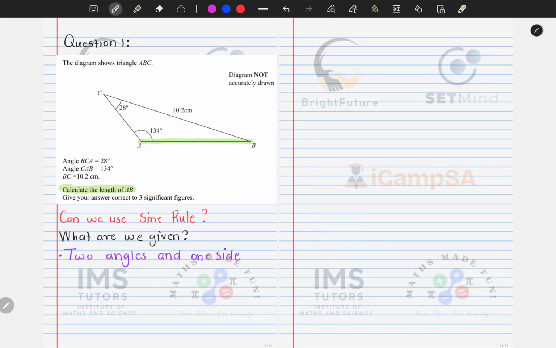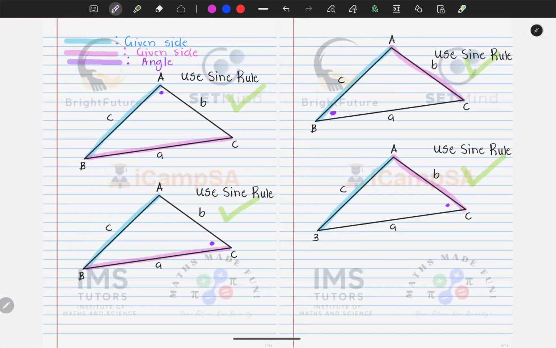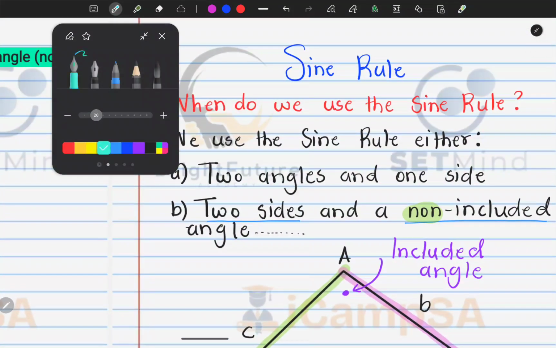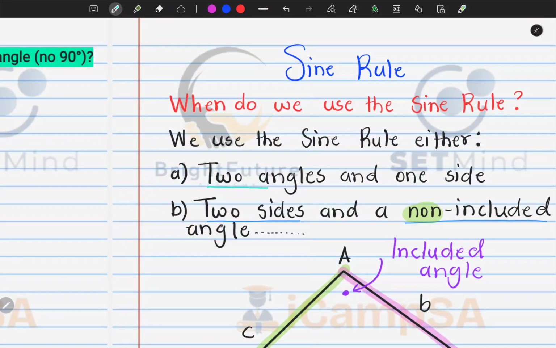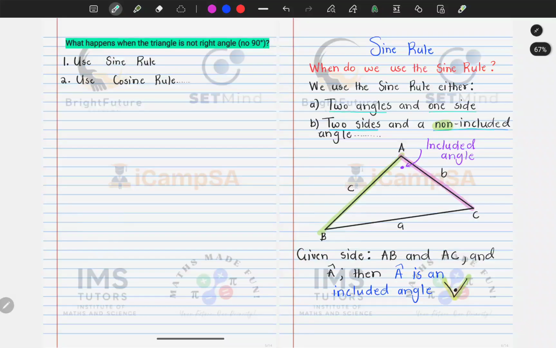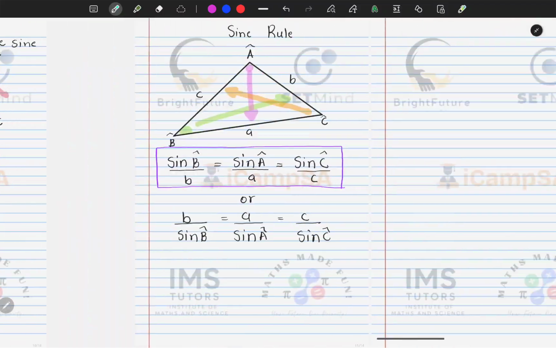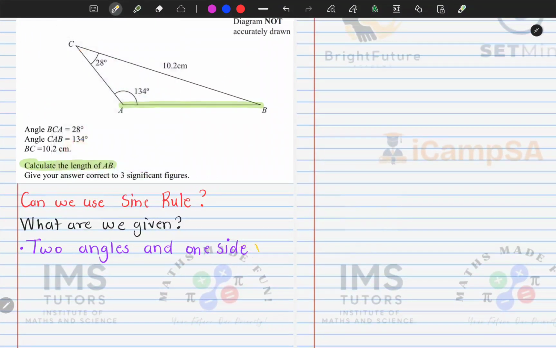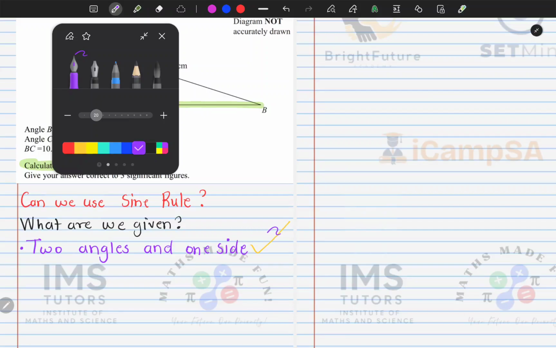You either need two angles and one side, or two sides and an angle which is not included. Remember, the included angle was the V type of thing. So we have two angles and one side, which means we can use our sine rule.